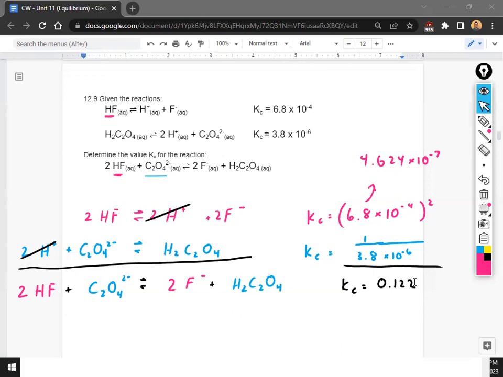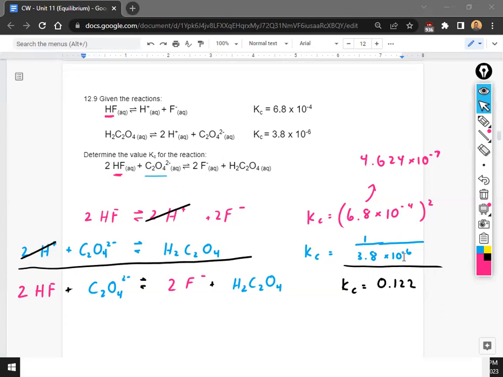You square it. That's the donor. 6.8 times 10 to the negative 4 times 6.8 times 10 to the negative 4. But the inverse though, 1 divided by that.